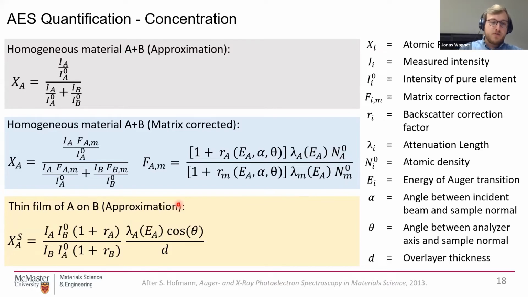Just a few things you will notice: the relation between the surface concentration of our element B and the intensities we get scales with the angle between the analyzer axis and our sample normal. That will get important in just a bit, but it is also dependent on the overlayer thickness. So that is no longer a unique relationship.